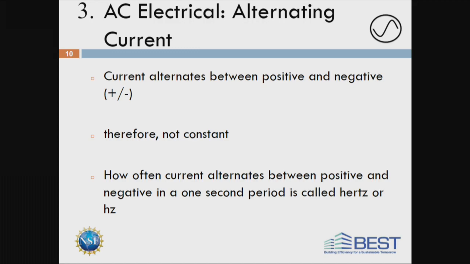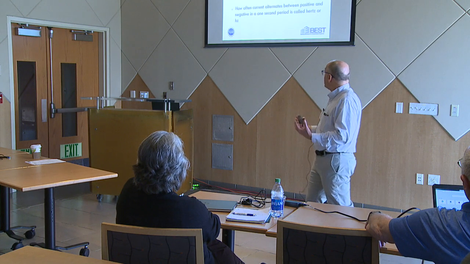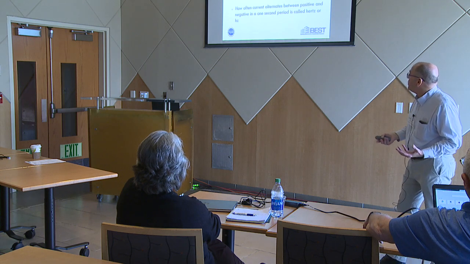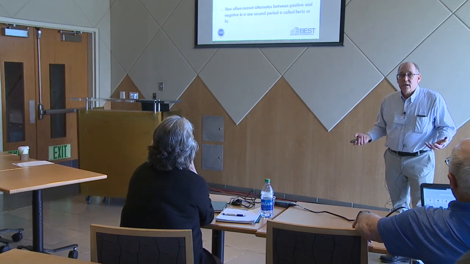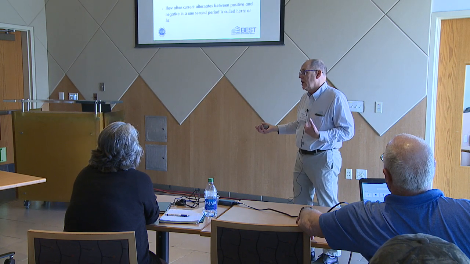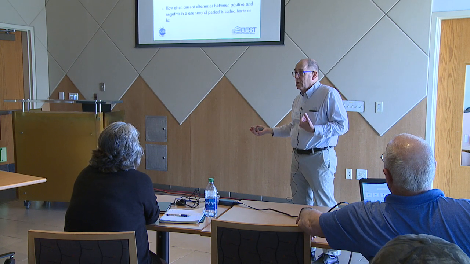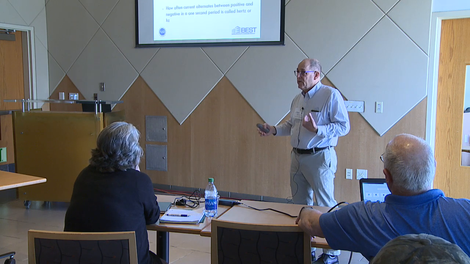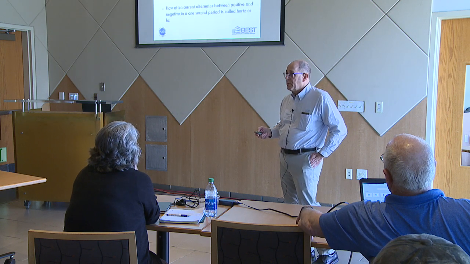How often it goes between positive and negative is hertz. We let our students know that in the United States, that common number is 60 hertz. In Europe, it'll be 50 hertz. Our frequency drives vary that all over the board, depending on what we need.